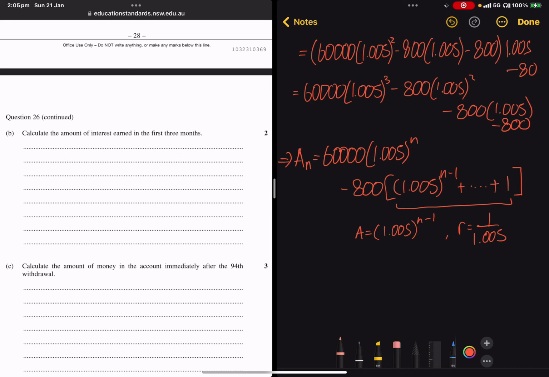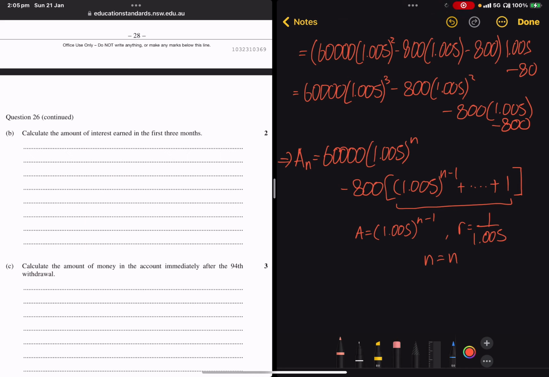And then when we think about the number of terms here, we go from n minus 1 down to 0. So this is going to be n many terms.